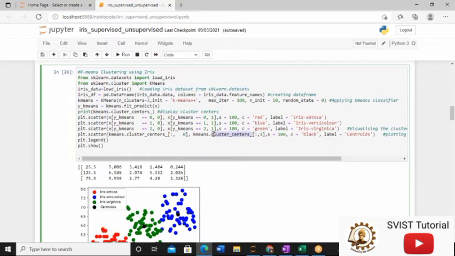The code is already written, you just import the library or the function. But to understand the output of this K-means clustering algorithm, you have to understand the algorithmic steps. That's why writing code is not difficult in Python. You can copy paste it.